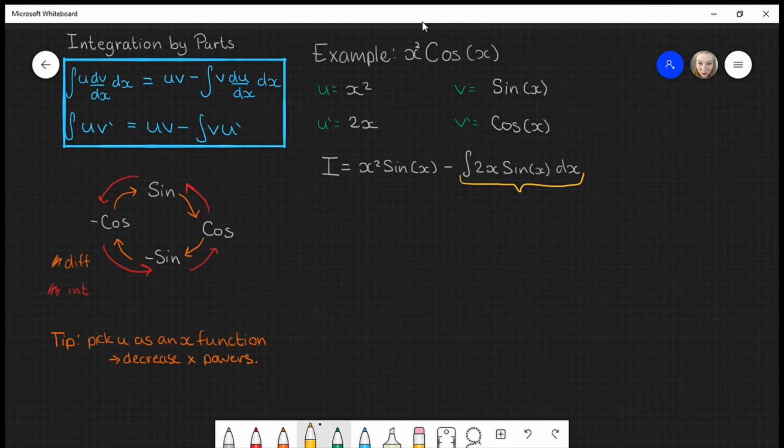So do the process all again. U I will pick as 2x. Therefore u dash is 2. V dash is sin x. When you integrate sin x, you get minus cos x.